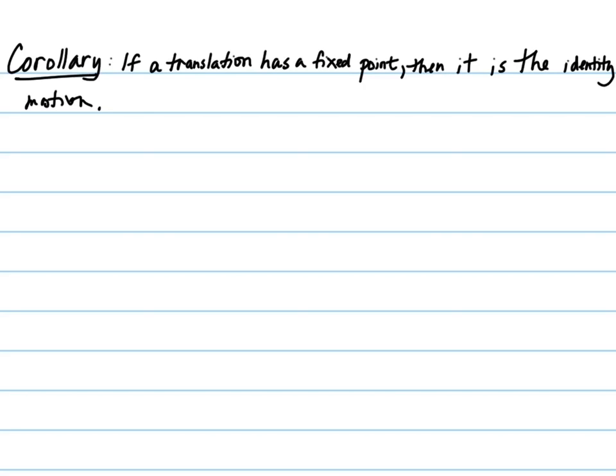Hope that makes sense, right? Translations are supposed to shift everything left, right, up, and down. That's the idea. So if you've shifted everything left, right, up, and down, and you have one point somewhere that did not actually move, then none of the points moved. So it's the identity.